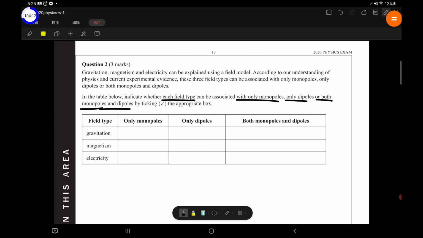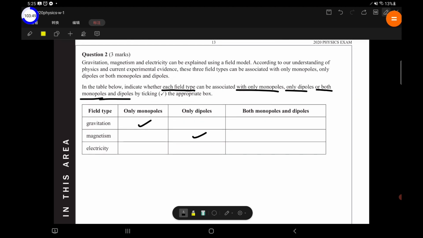Gravitational fields, well, we know gravitational fields are only attractive. We have one type of pole, which is the mass, essentially. That is our pole. Magnetic fields, well, magnetic fields are interesting because have you ever seen a North Pole magnet by itself or a South Pole bar? No, you haven't, right? So we have magnetic dipoles. They exist together.